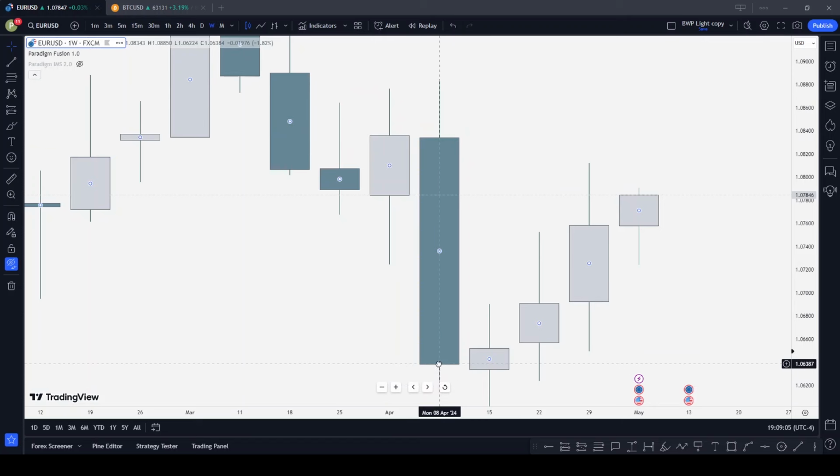Okay, the algorithm that controls price is constantly referring to these four data points. Okay, these are the data points it uses. All the ICT PD arrays are derived from these data points, from fair value gaps to order blocks to breakers to mitigation blocks. All of them are based on these four data points.